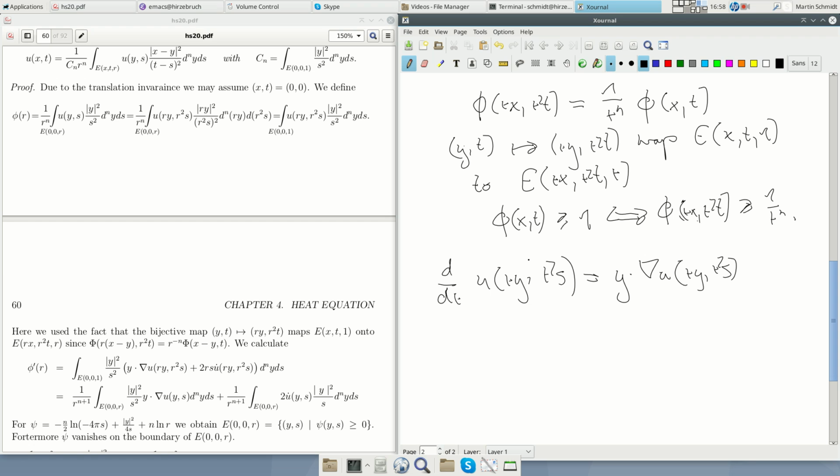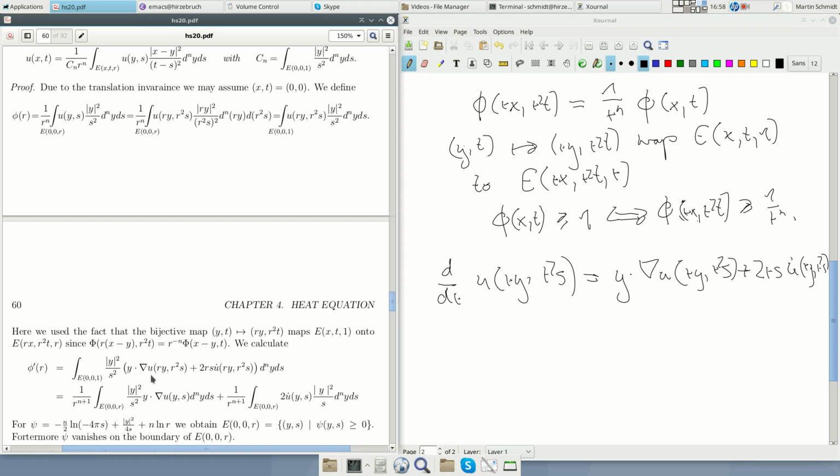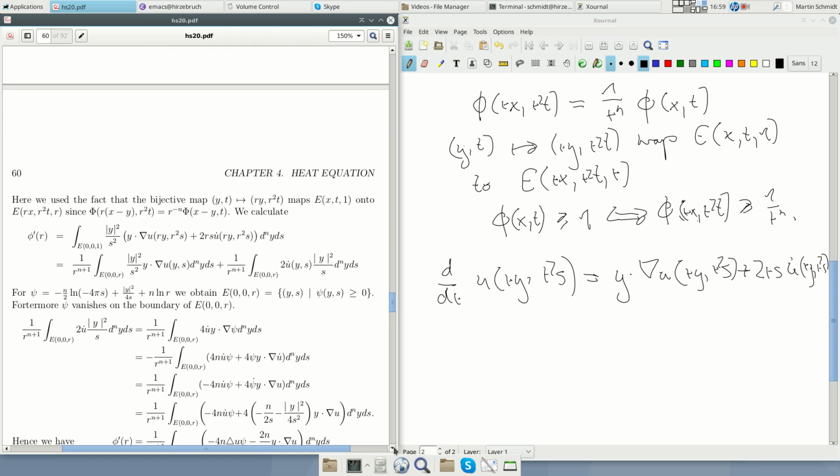And here we get a plus 2Rs u dot of, again, (Ry, R squared s). We just insert these two expressions and write this here. So this is the derivative. And now we transform back.